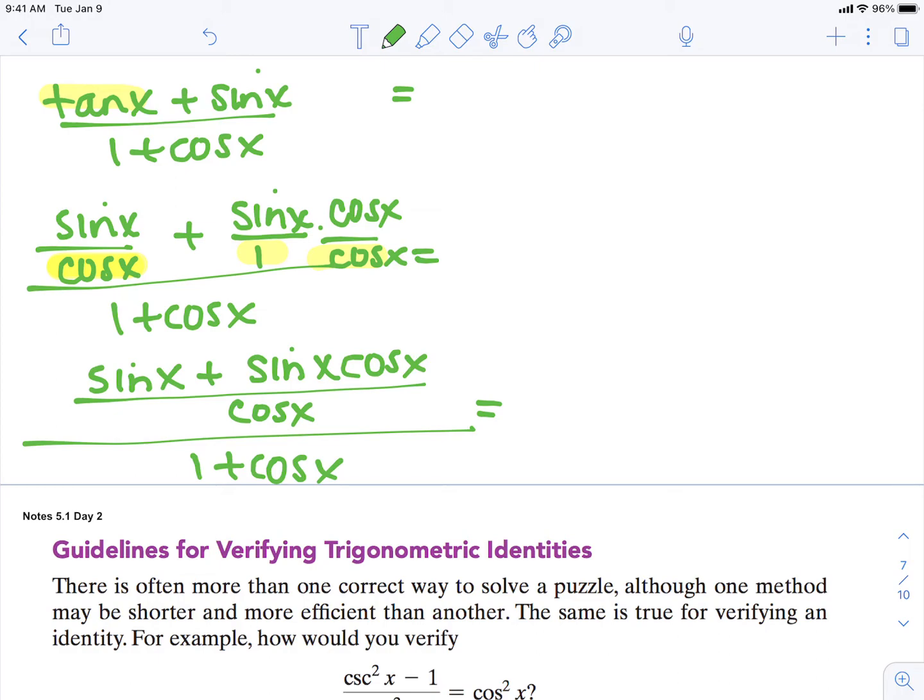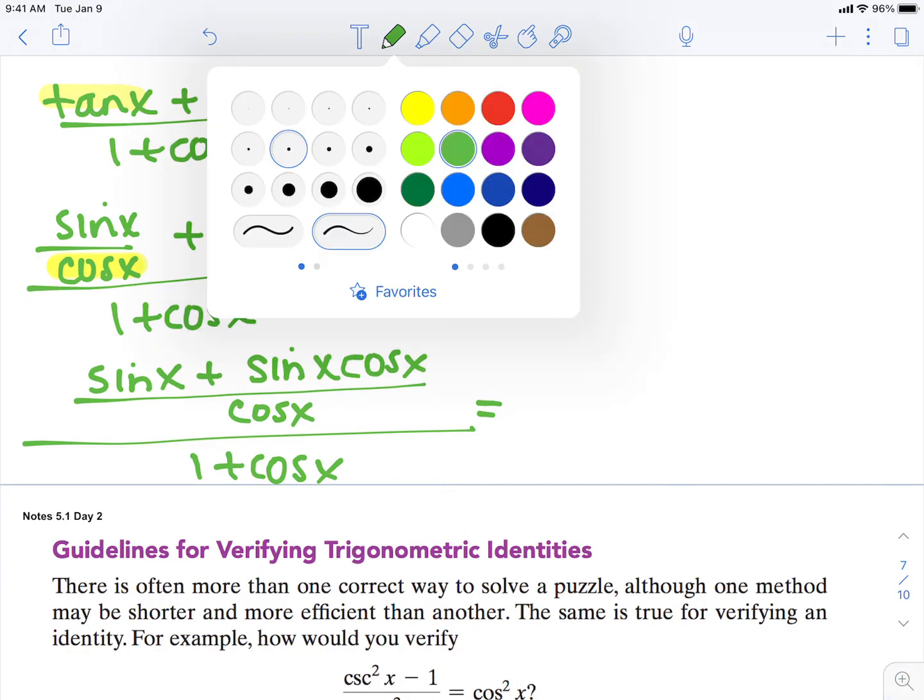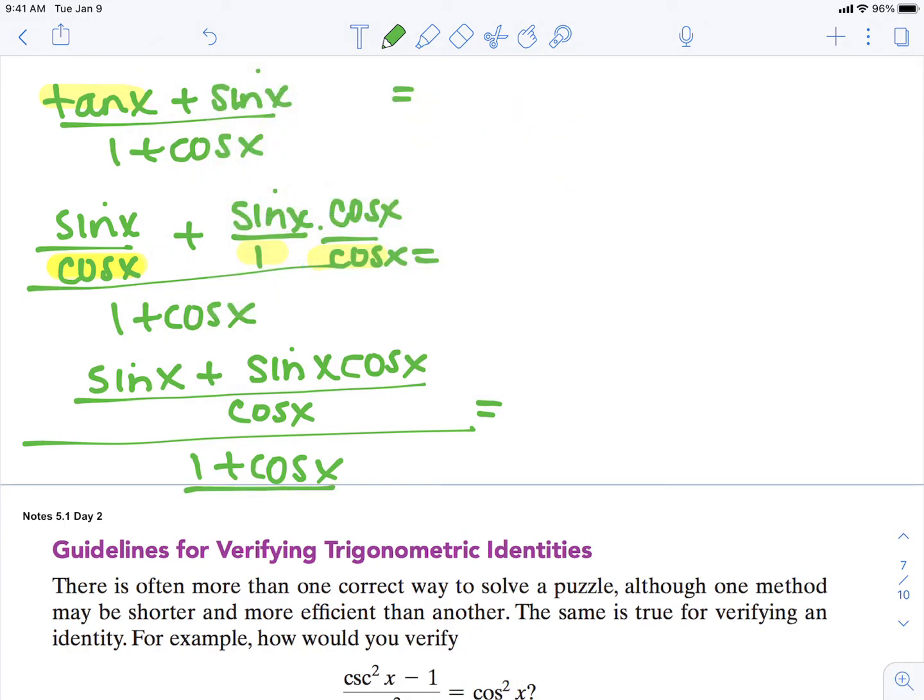All right. From there, we can think about fractions dividing by fractions. So I'm going to change this to a fraction. So now I have a fraction dividing a fraction. So we're going to keep that fraction. We're going to change this division symbol to multiplication, and then we're going to flip that bottom fraction.